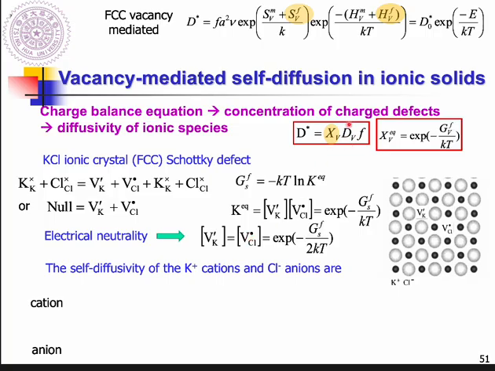So as long as you multiply by the dV times F, you get the diffusivity for potassium ion and also chloride ions. So what's the dV? Based on the vacancy mediated mechanism you derived before, we know that self-diffusivity equals this, shown like this: F a squared mu exponential, and we have two terms, including the vacancy formation and also vacancy migration.